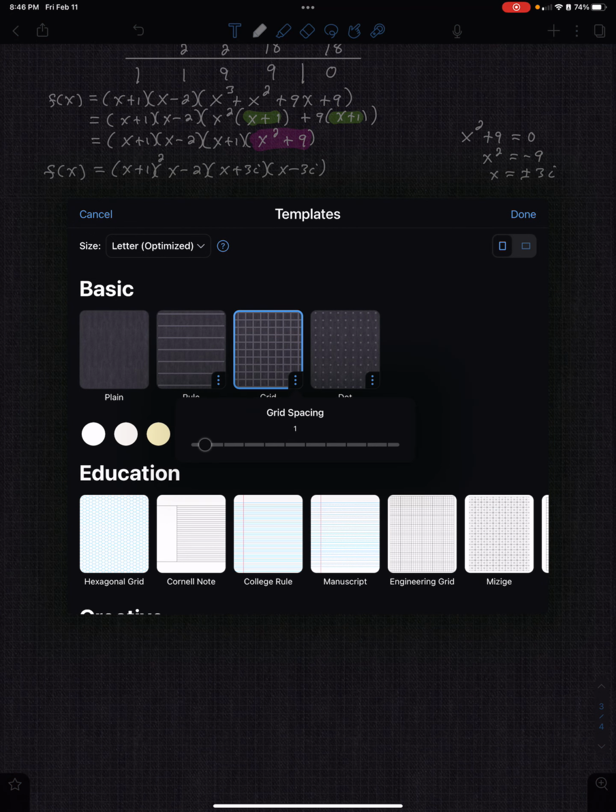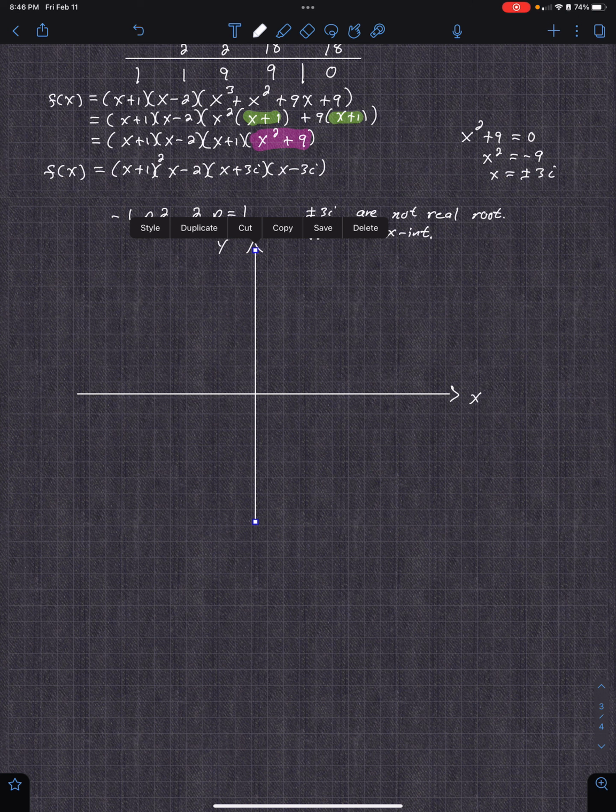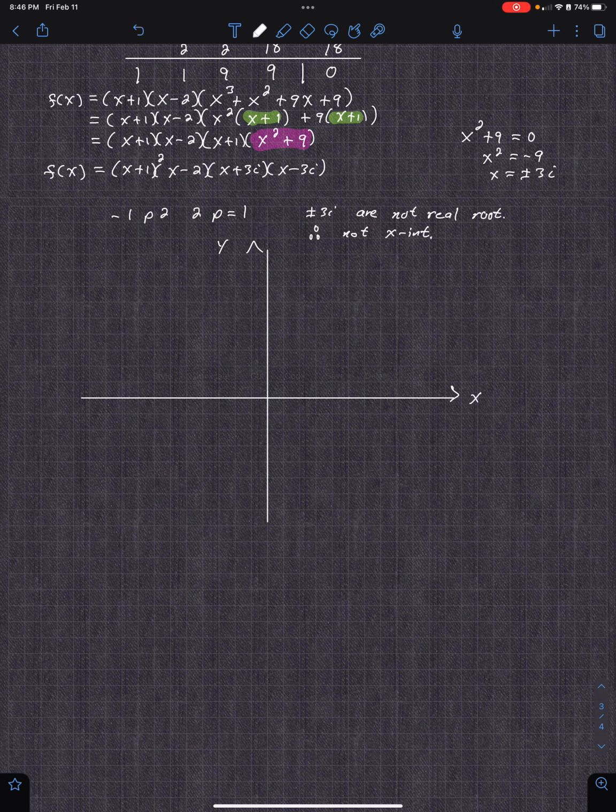Actually, it usually doesn't line up as well, but I'm going to try it anyway. It's easier to graph. We'll just move them around. Okay. So let's just do that. Why not? All right. So here's your X, here's your Y. And so let's go ahead and graph.